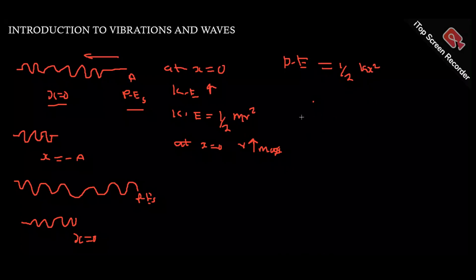Okay, what else? According to the orientation of the spring, it can also store gravitational potential energy. We'll come and talk about this. But we already know that the gravitational potential energy is given by what? mgh.